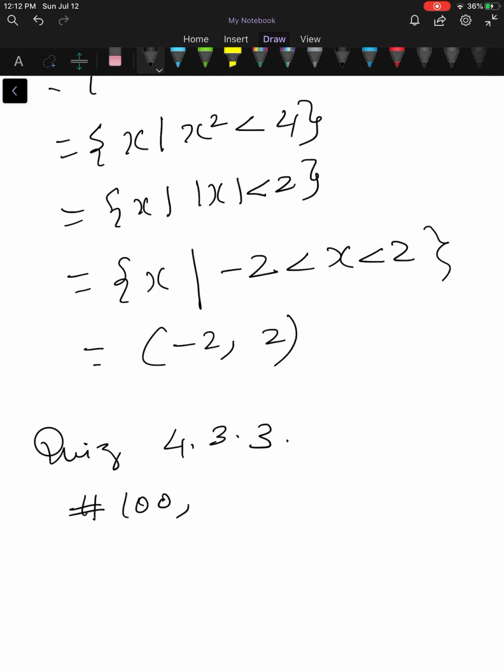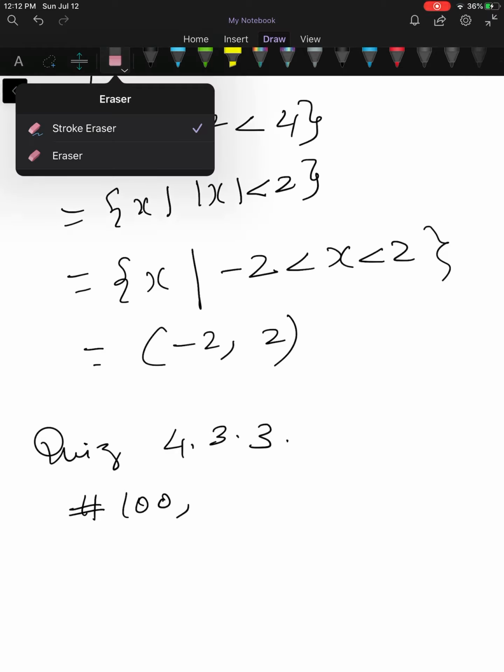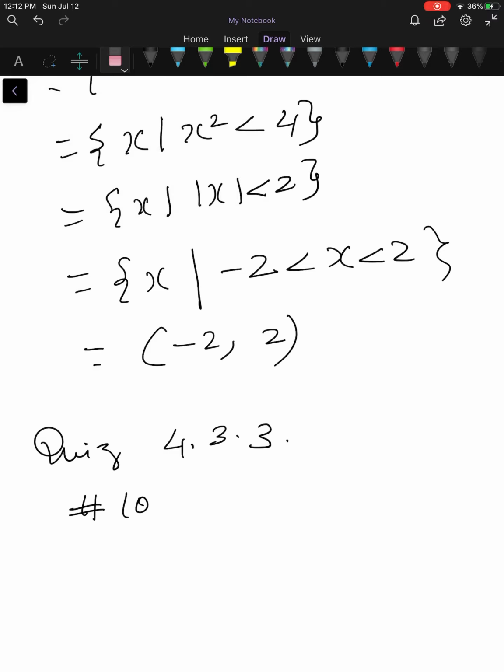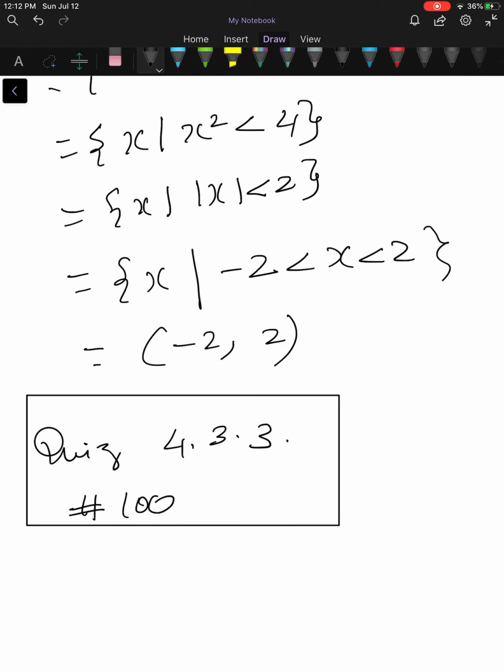So problem number 100, and I think that is enough for you. Problem number 100. This would be your quiz 4.3.3. This is the end of section 4.3.